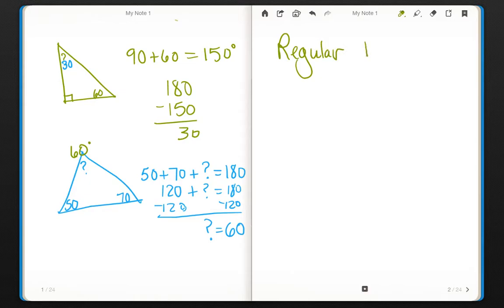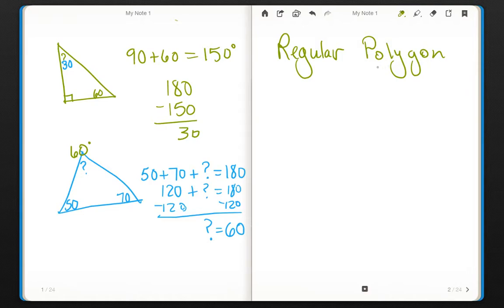Another term that you also need to know is the term regular. If we talk about a regular polygon, and poly is many, so a triangle is a polygon, a quadrilateral is a polygon, a hexagon, octagon, you hear the gon.